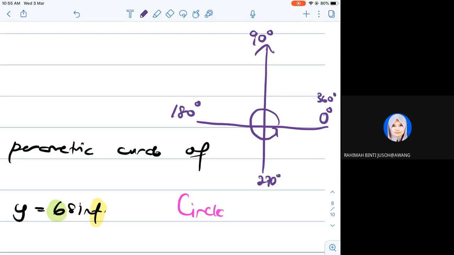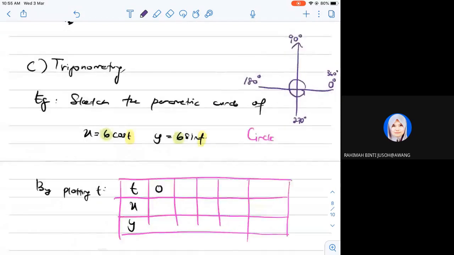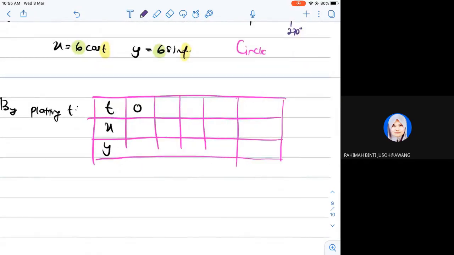Kan? Betul kan? Boleh faham? Okay, so now that's 0. So kalau you guna pi, radian mode, this should be pi over 2 lah. And this is pi, 3 pi over 2, 2 pi. So you will have here 0, 90 degrees, 180 degrees, 270 degrees, 360 degrees.